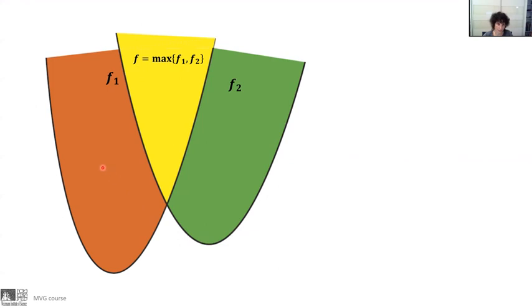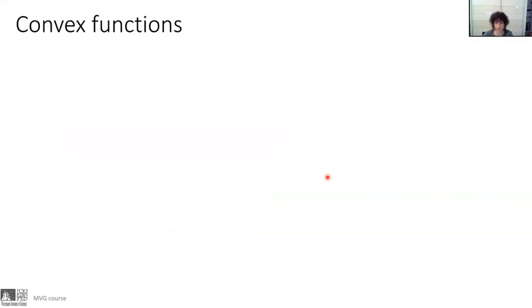Actually, if you start with something differentiable, you don't necessarily get something differentiable. And quasi-convex functions share this nice property. In a minute, we'll determine what a quasi-convex function is. If you start with quasi-convex functions, the maximum operation will give you another quasi-convex function, okay?